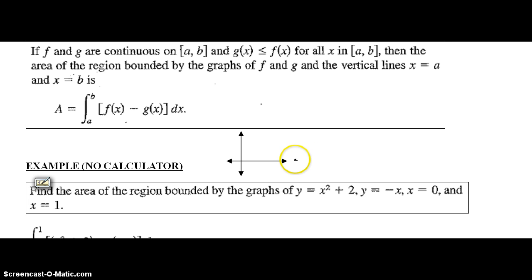So here is my x-axis. Here's my y-axis. And I'm only concerned about the area of the region bounded by the two functions, and then x equals 0 and x equals 1.